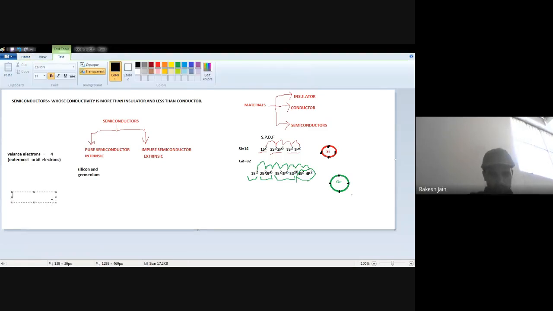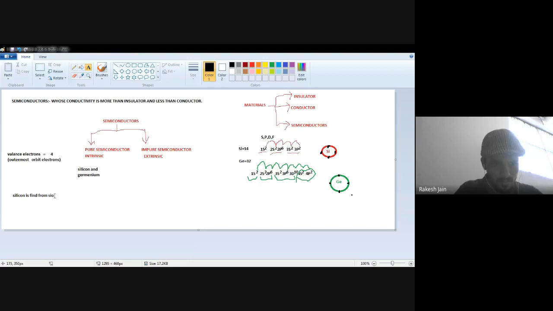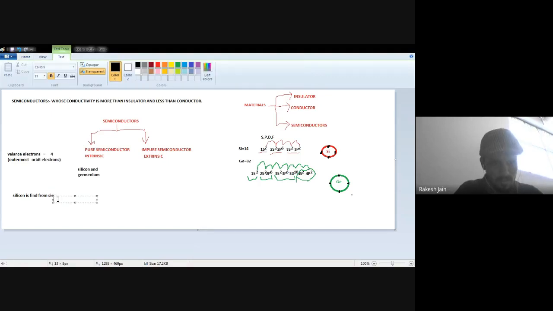Silicon is mined from silicon dioxide, and that is easily available, in vast availability.